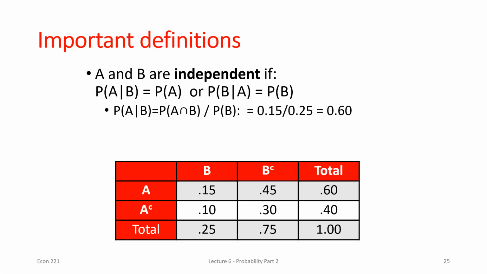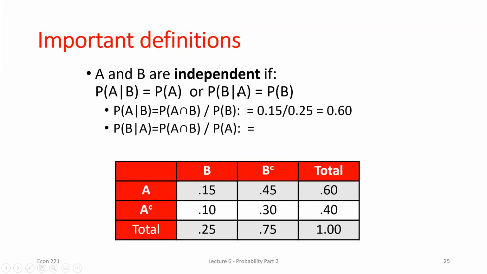What does being over 6 feet tall have to do with having blue eyes? It's still probably 0.1. If I took all the people over 6 foot tall, my guess is the percent of people that have blue eyes in that population is the same as the population as a whole. That event B had nothing to do with A. It was independent from A. So that's the idea of what we're checking for there.